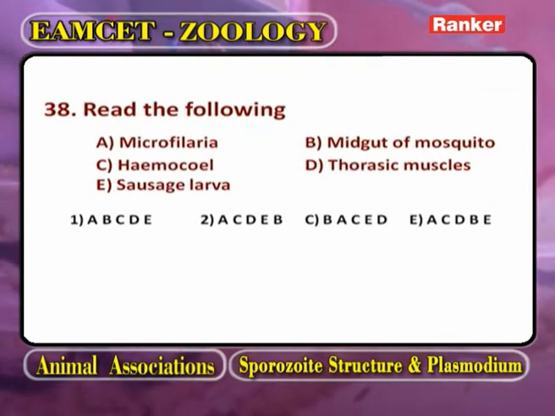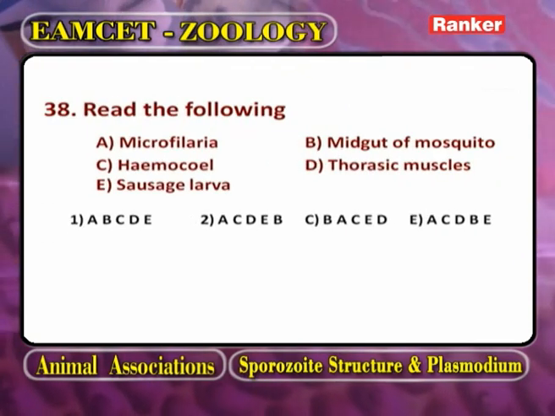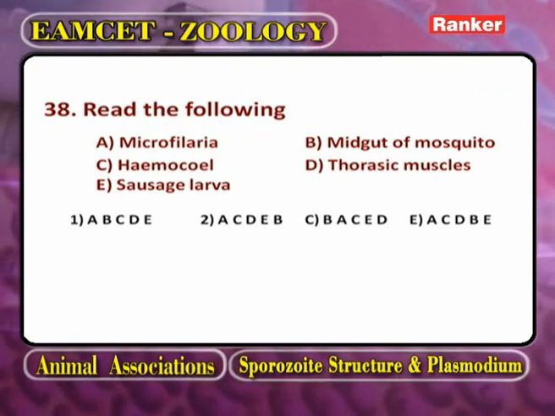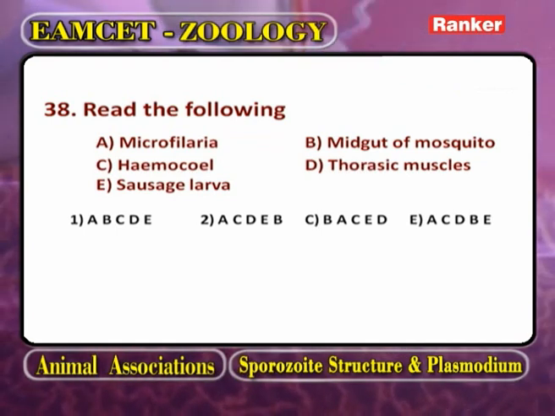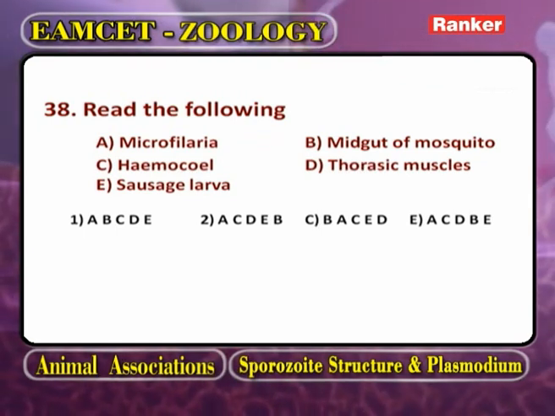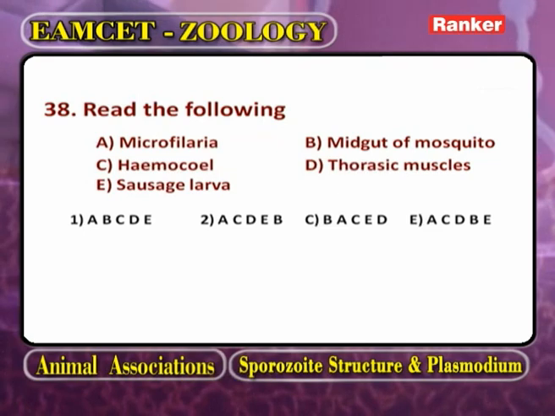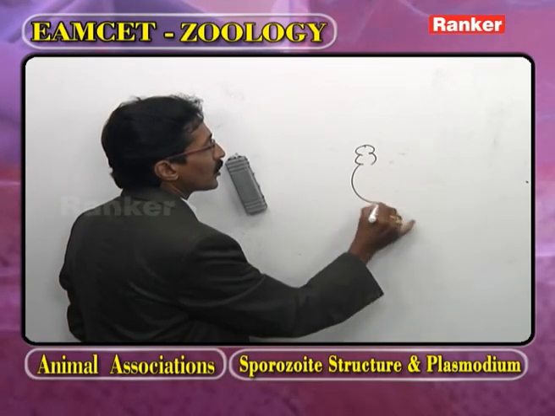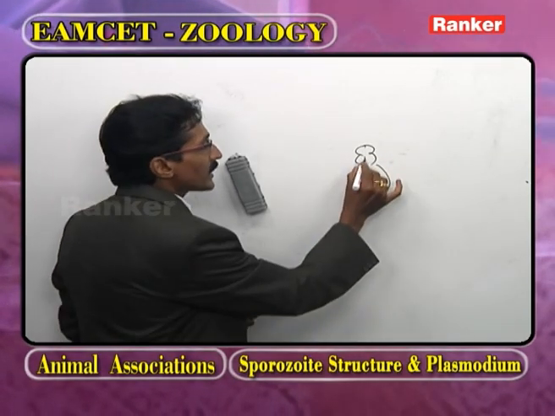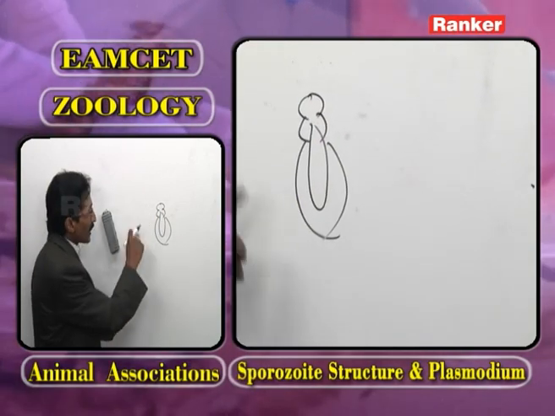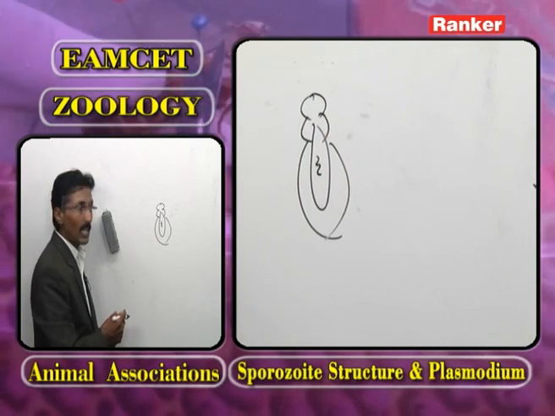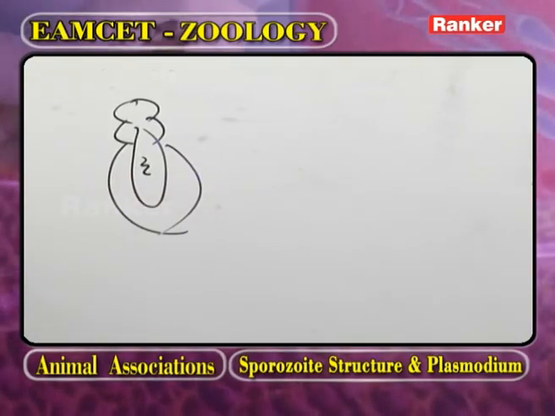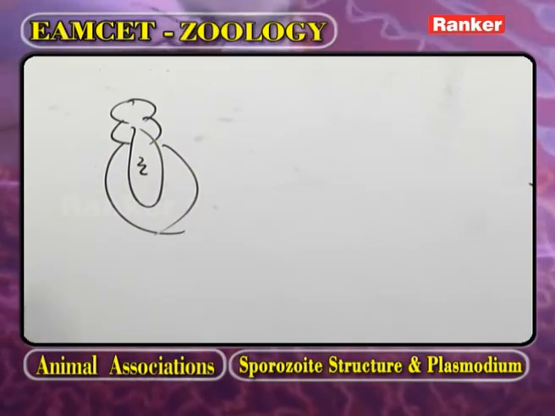Read the following stages. One, microfilaria larva. Second, midgut of mosquito. Third, hemocoel. Fourth, thoracic muscles. And the next one, sausage larva. Now this is the female Culex body, and this is the midgut. In the body of the female Culex mosquito, this is the microfilaria larva. Initially the microfilaria larva is present in the midgut.